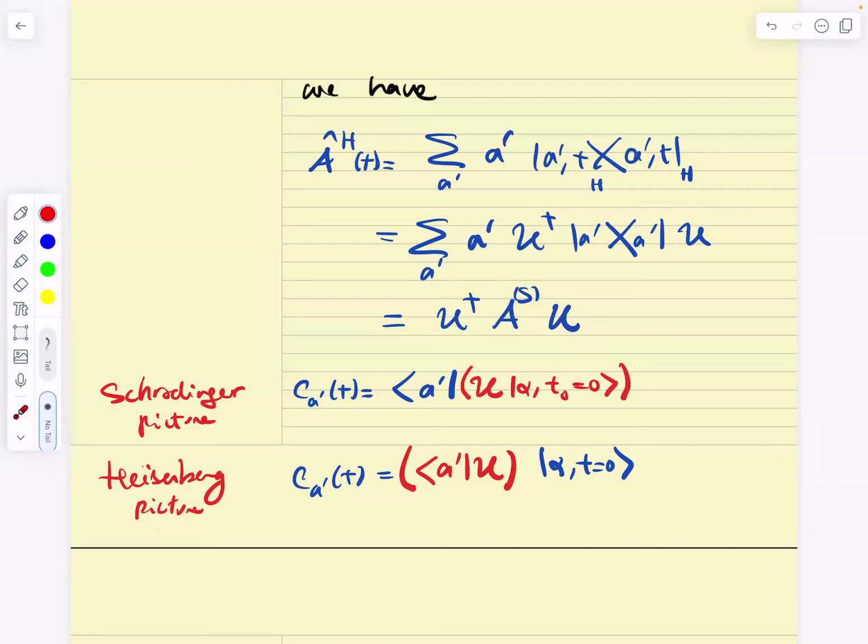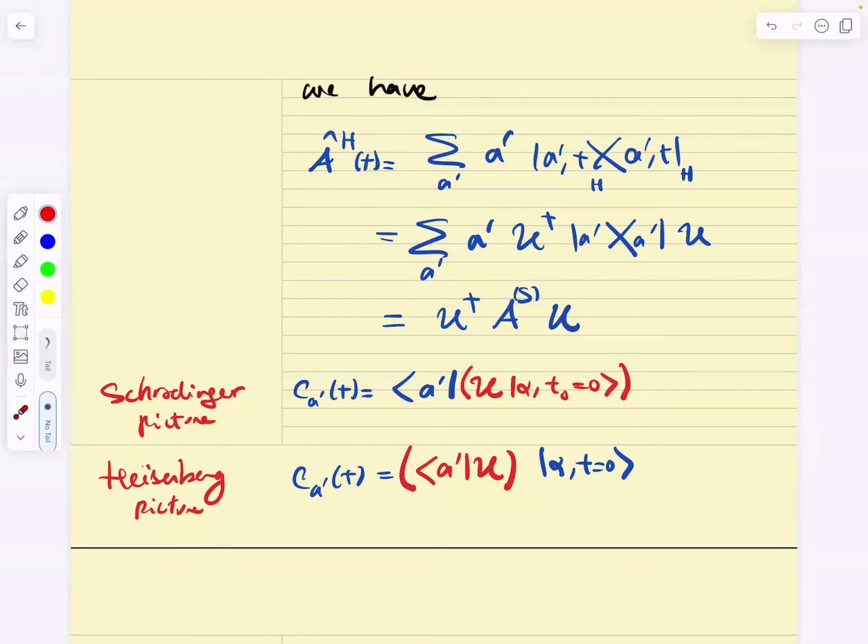I first evolve this and then look at its overlap with something, A prime. This is called a transition amplitude. It describes the amplitude that this ket evolves and ends up here.